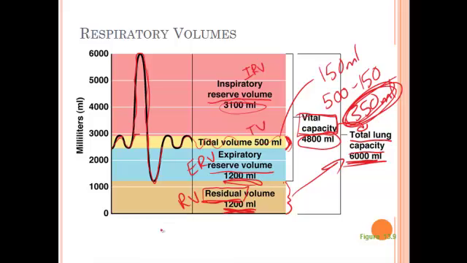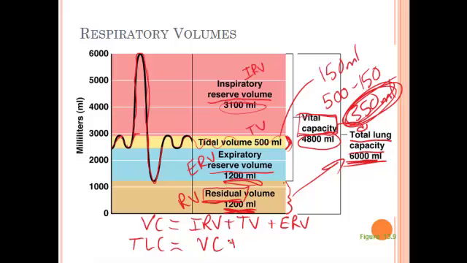The vital capacity, which we give the letters VC, equals the IRV plus the TV plus the ERV. And then the total lung capacity equals the VC, and then you have to add in the RV as well. And there you have it. That's how our lungs work. That's the air we're able to pull in and push out of our lungs.